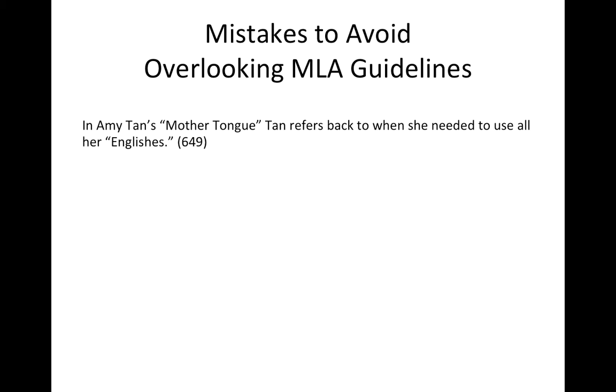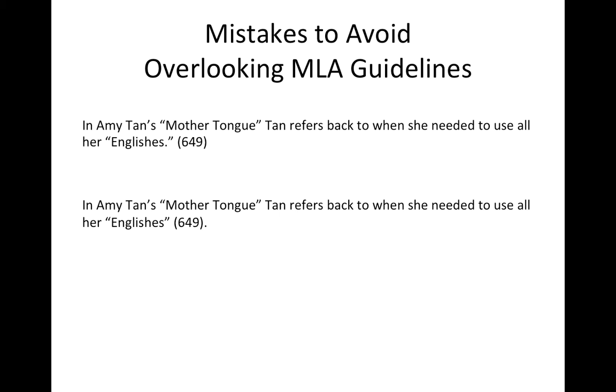Now, here is another mistake I want you to avoid, and it has to do with where you put the punctuation around your in-text citation. Do you put it inside the quotation marks and before the in-text citation?